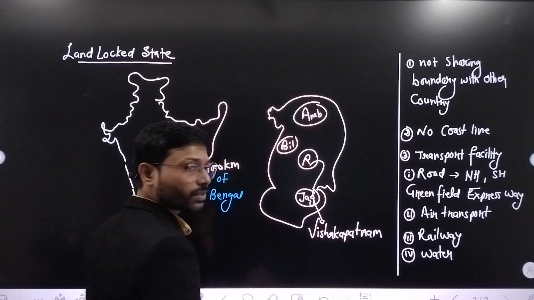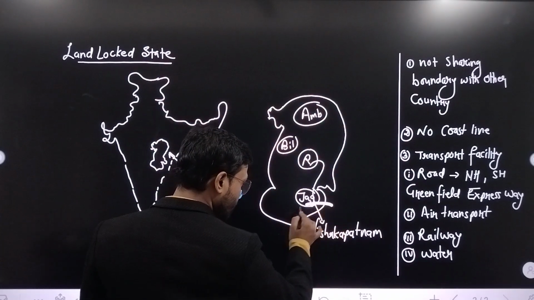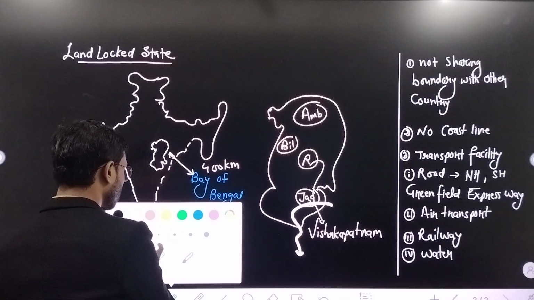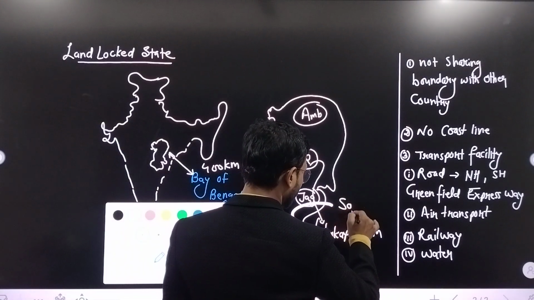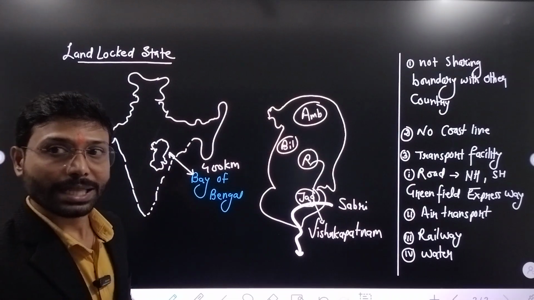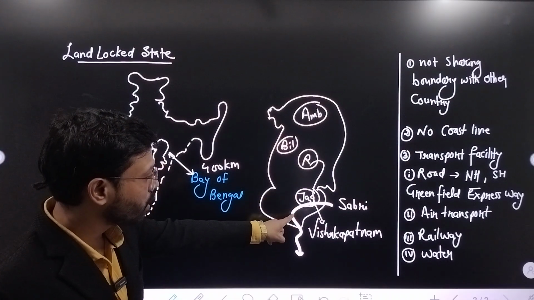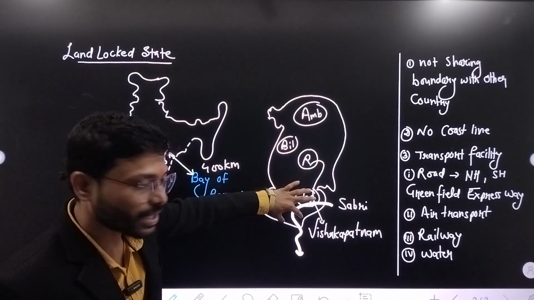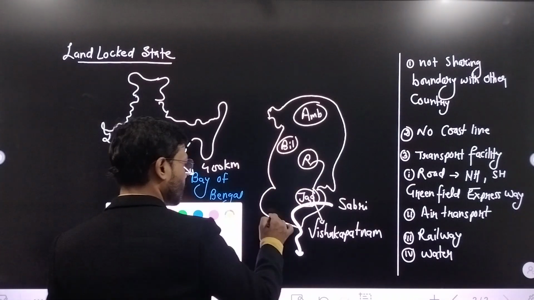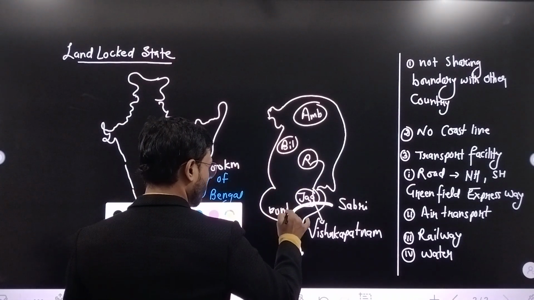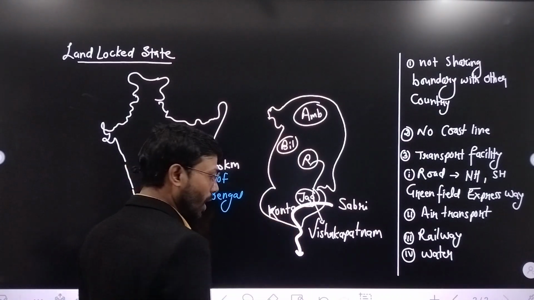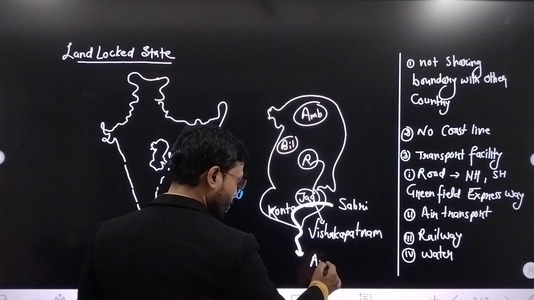Here in the southern part of Chhattisgarh, you may get River Sabri. Please note it down. This River Sabri goes from the southern part of Chhattisgarh, that is from Konta. You may consider here, the name is Konta, to Andhra Pradesh.